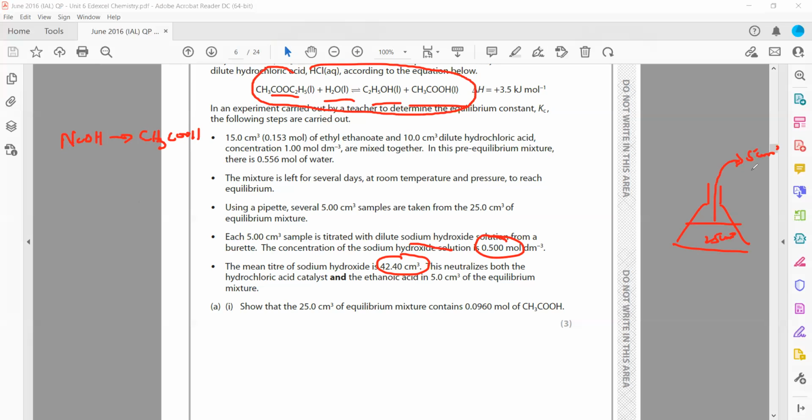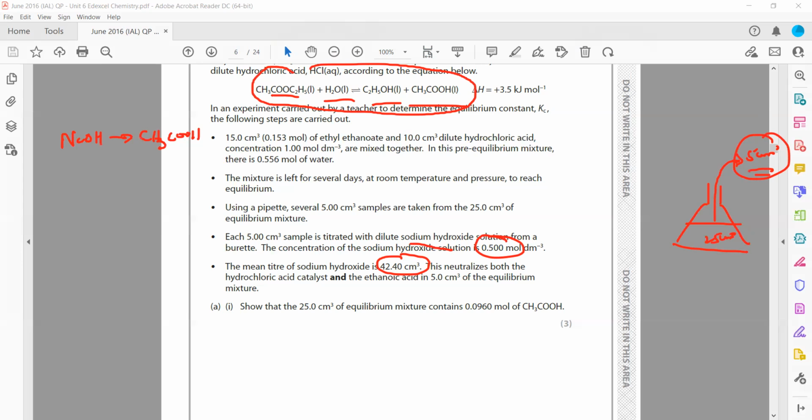We did not remove all of it. So we find the moles of acid in 5 cm cube, and in 25 cm cube it will be 5 times that, because the volume is 5 times larger.